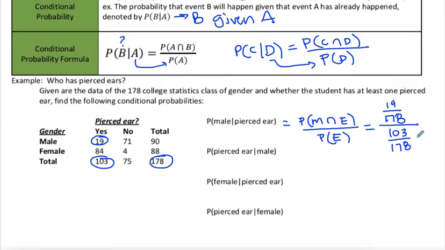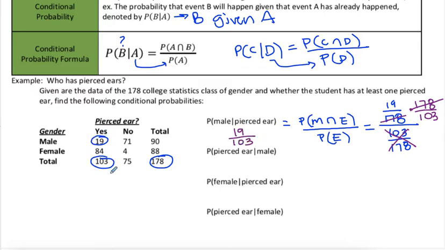When I simplify, I don't want to divide by a fraction, so algebraically I multiply by the reciprocal, flipping the 103 to the bottom. The 178s cancel, leaving me with 19 out of 103.